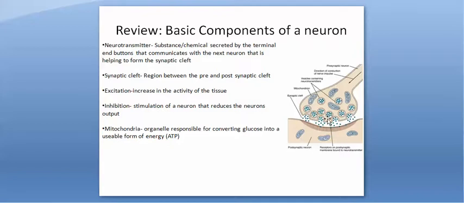Now an axon can respond in one of two ways, either through excitation or inhibition. Excitation is an increase in the neural tissue activity, promoting sending additional action potentials, whereas inhibition is telling the neuron not to fire.